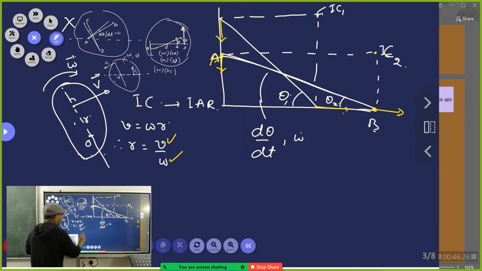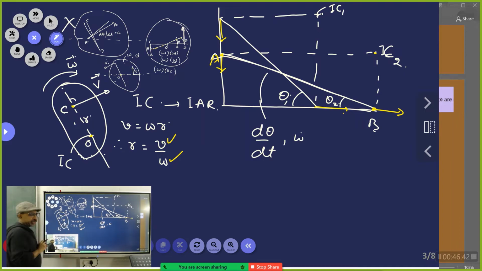Both these quantities are given. So from the center of mass, I can locate this point, which becomes the instantaneous center of rotation.